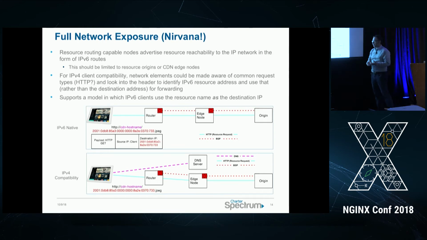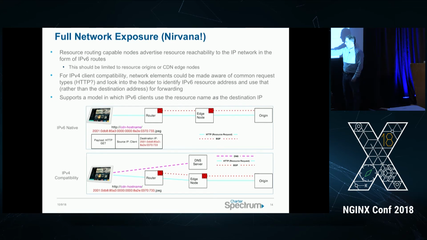Of course, we have to account for v4 compatibility, things that aren't v6 enabled. So in that model, we still have a DNS server. DNS server would give the CDN host name. It'll forward the packet out. Now in this case, the destination IP address is the edge node because it can't do v6. So we can't set a destination IP to a v6 address. It's still a v4 address. When it gets to the router, if we were able to get routers to do this, look down a little bit further in the header and say, hey, wait a minute, that looks like a v6 address.